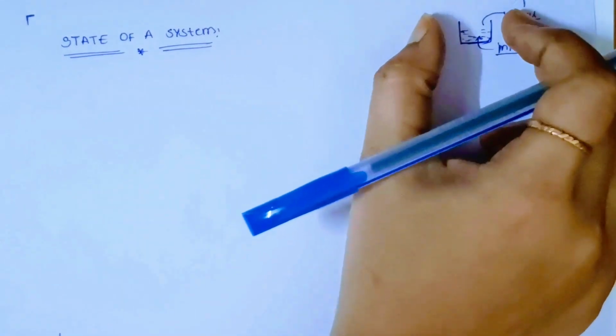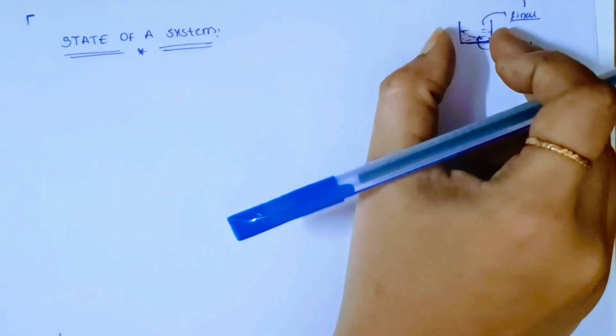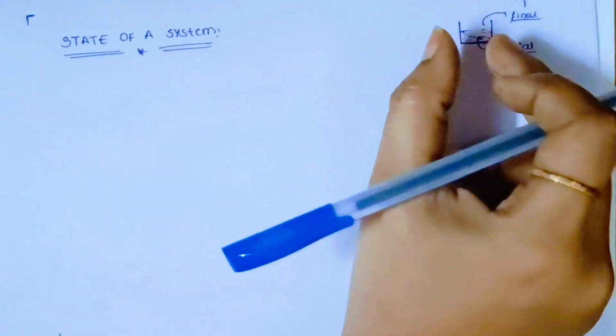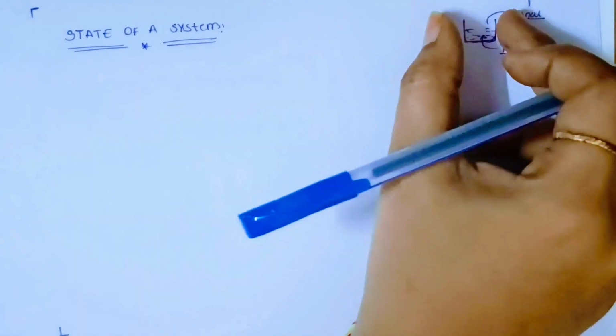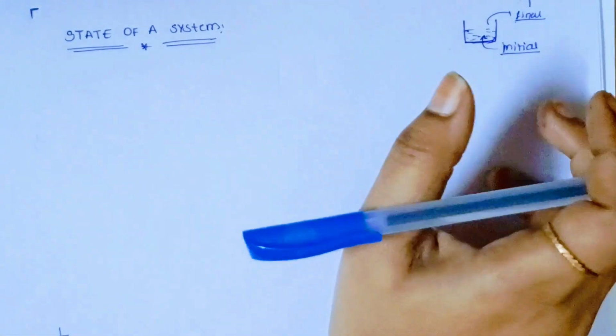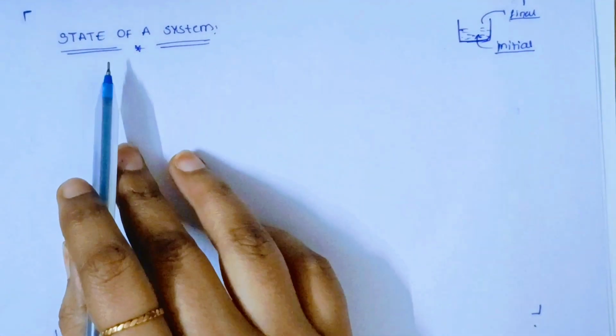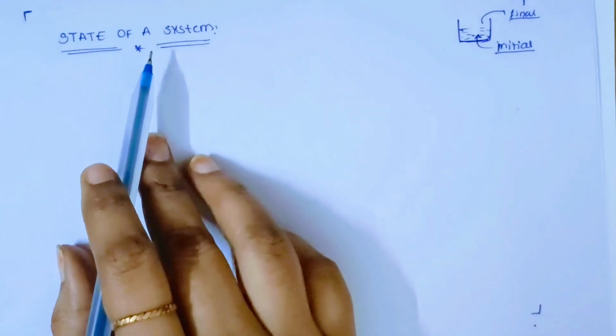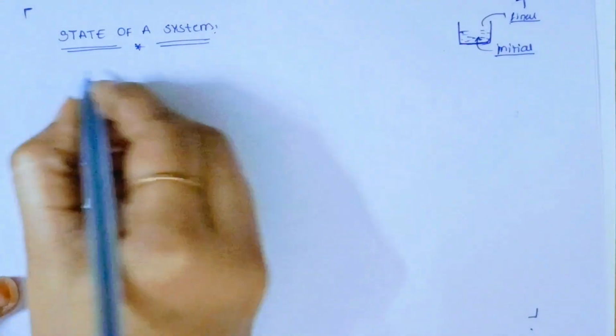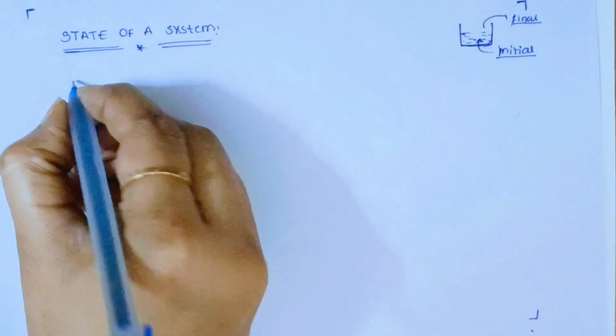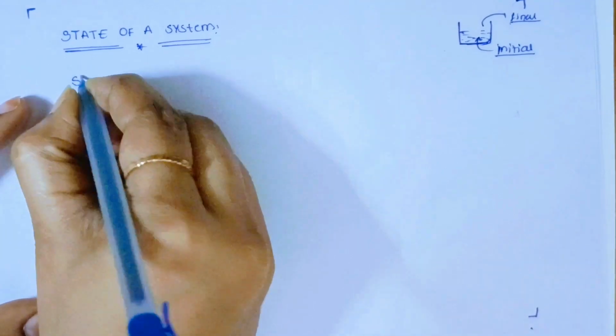State is the condition of the system: in the initial condition, what is the state, and in the final condition, what is the state. So I will give the definition for state.